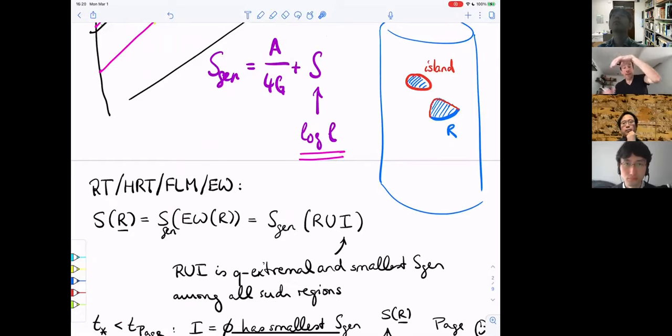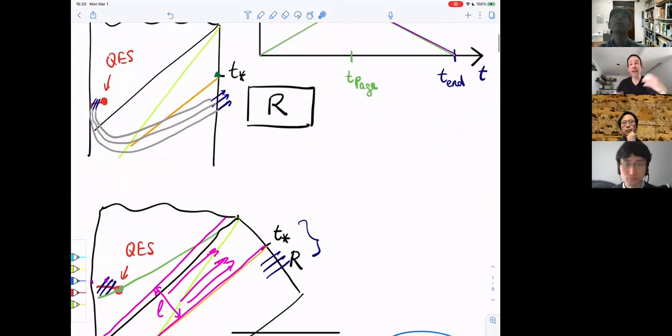That's the price I pay, but after the Page time, that price is worth paying because I get to get rid of all of this entropy, which would otherwise be in R, because I now get to include in the entanglement wedge also this black hole interior, which has its purification in it. So the Page time is precisely the point at which it's worth including the interior of the black hole in the entanglement wedge.